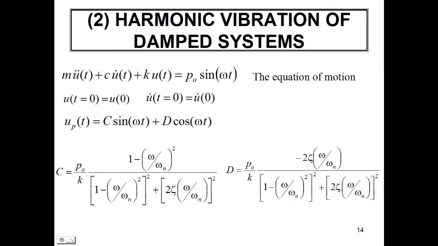Harmonic vibration of damped systems. For damped systems, the equation of motion can be written as... where C is the damping coefficient and u dot of t is the velocity of the system.